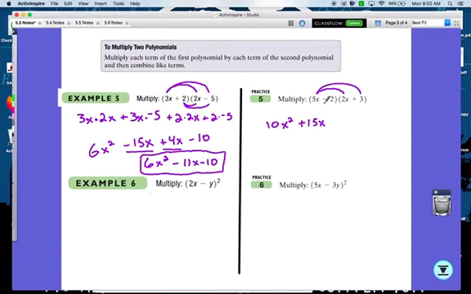Make sure you do the negative with it. Negative 2 times the 2x gives me a minus 4x. And negative 2 times the positive 3 gives me a minus 6. Combine the like terms. So we end up having 10x squared plus 11x minus 6.